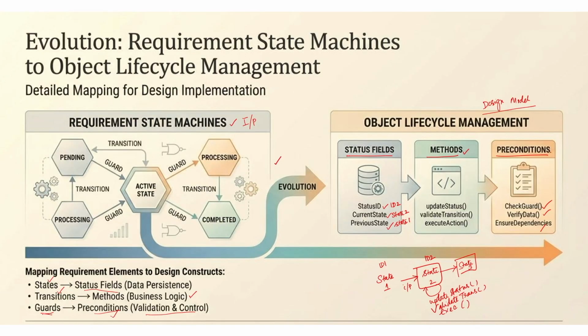To move from one state to another, the set of conditions that has to be met is given under your preconditions. So, the states are considered as status fields, transitions are taken as methods and guards are taken as your preconditions.